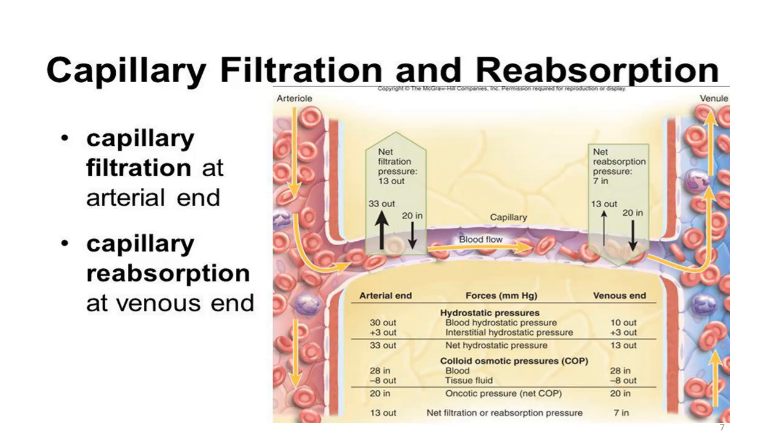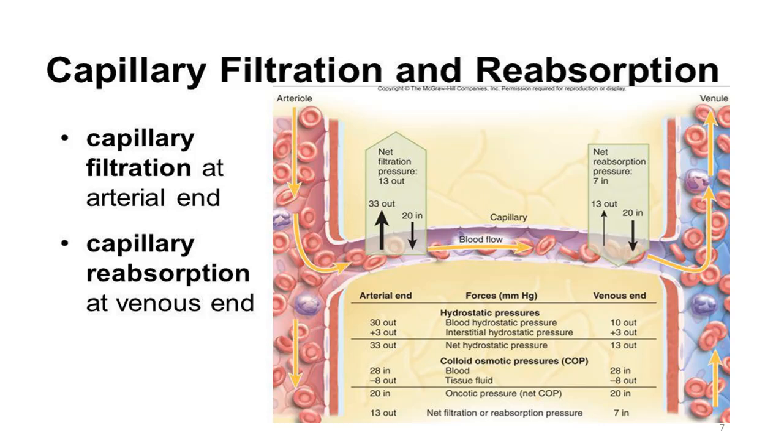Interstitial hydrostatic pressure is 3 millimeter mercury, and this 3 millimeter mercury is in addition to the 30 millimeter mercury. So the hydrostatic pressure in the blood or in the capillary is 30, and in the interstitial fluid is 3.